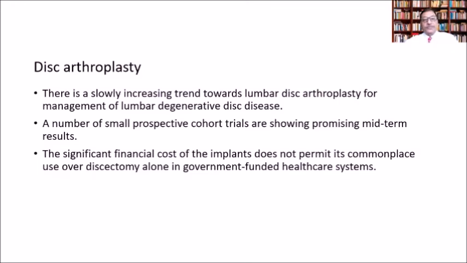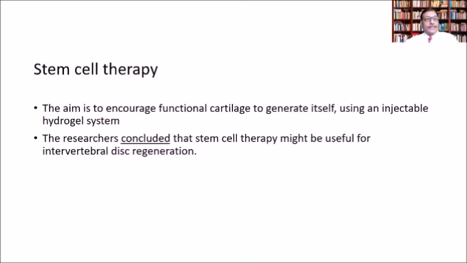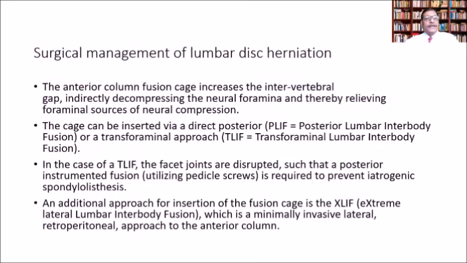After the discectomy has been done, stem cell therapy can be instituted in some of the cases, but it needs further research to make it a commonplace treatment. When the anterior column fusion cage is inserted, it increases the intervertebral gap and thereby indirectly decompresses the neural foramina. And then it relieves the foraminal sources of the neural compression.